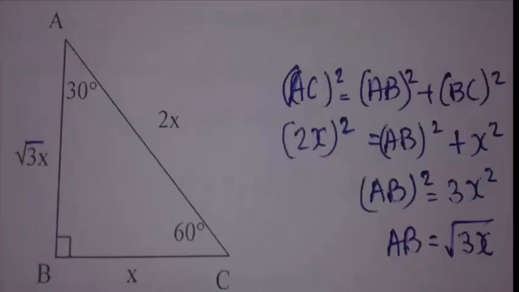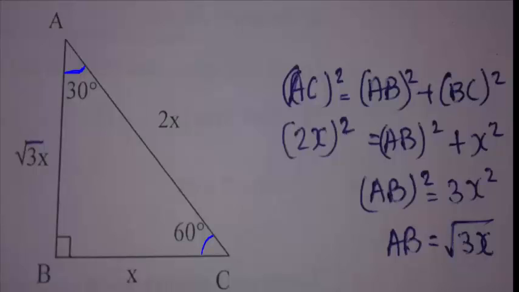30, 60, 90 right triangle. This is half the equilateral triangle. Here, the interior angles are 30 degree, 60 degree and 90 degree. And the sides opposite to these angles respectively are in the ratio 1:√3:2. In the above diagram, angle A is equal to 30 degree, angle C is equal to 60 degree and angle B is equal to 90 degree.